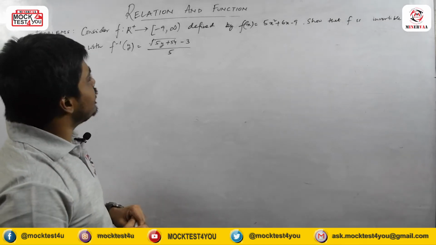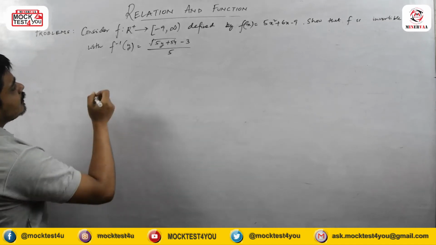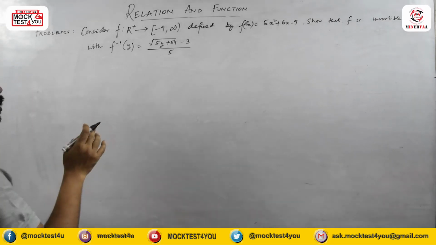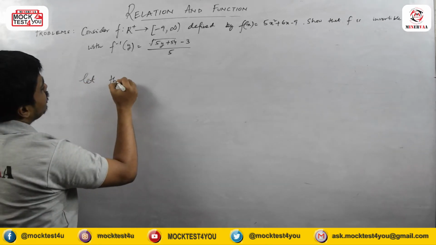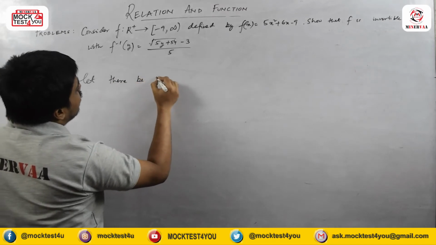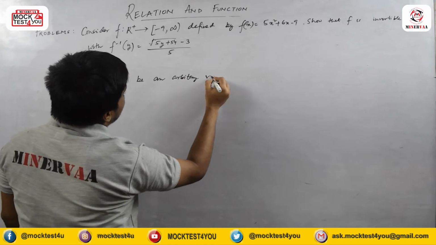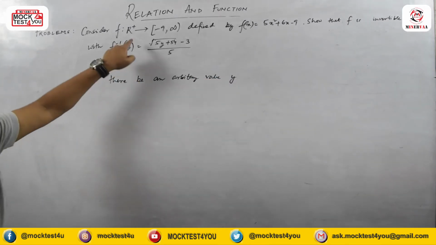Now let us see. What I'm gonna do is, we'll just proceed like the one we have done in onto. So what I will do is, let there be an arbitrary value y. Now that arbitrary value y will be where?